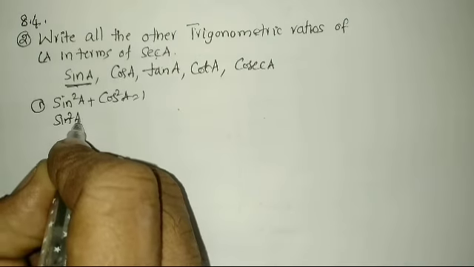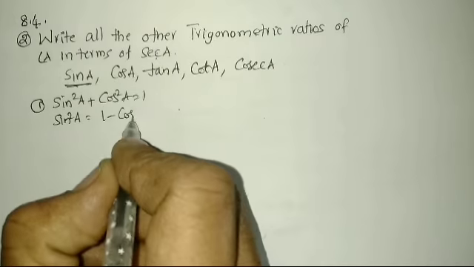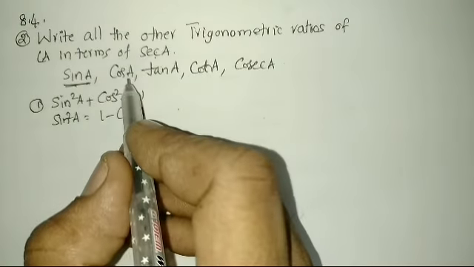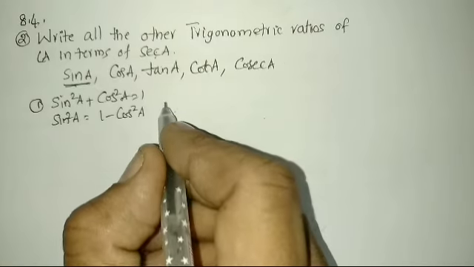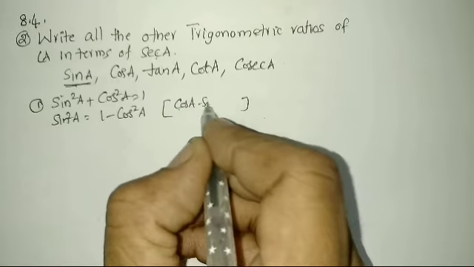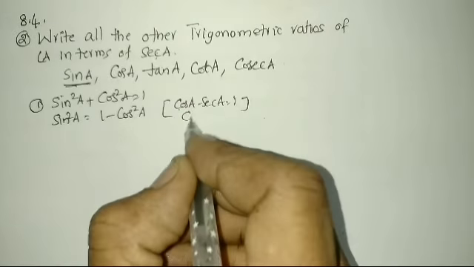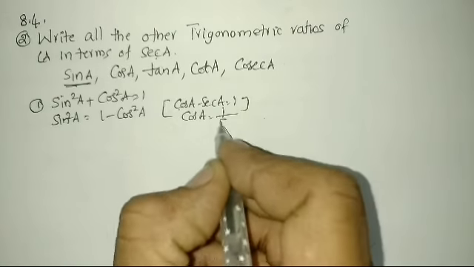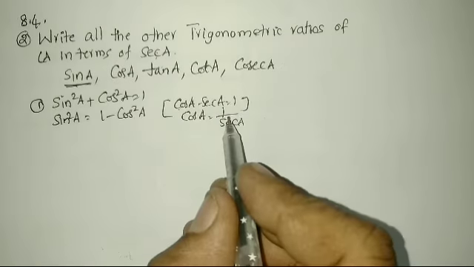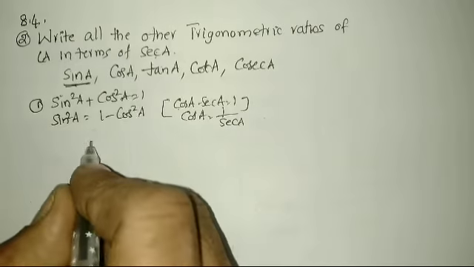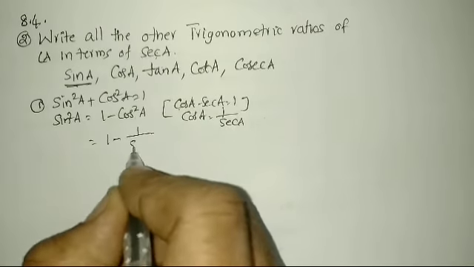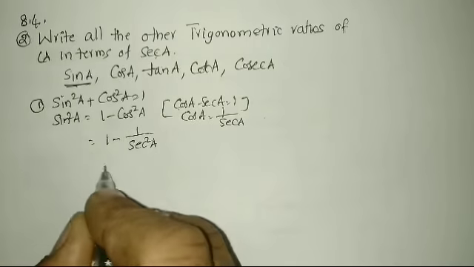From this we write sin square A equal to 1 minus cos square A. But we have an identity with respect to cos A and secant A, that is cos A into secant A equal to 1, cos A equal to 1 by secant A. So instead of cos A, we can write 1 by secant A. 1 minus cos square A means what? 1 minus 1 by secant square A.